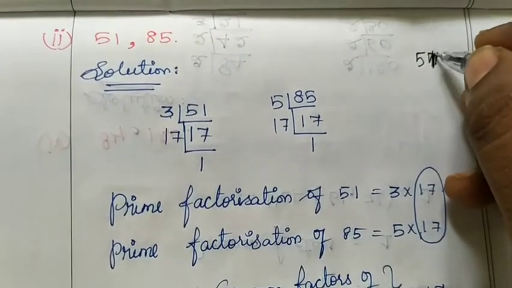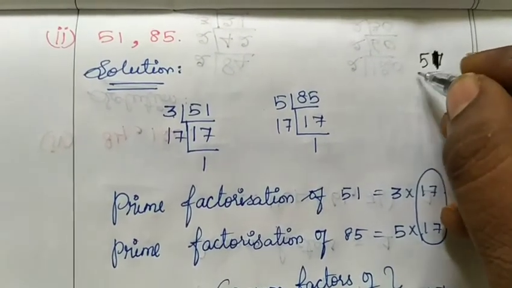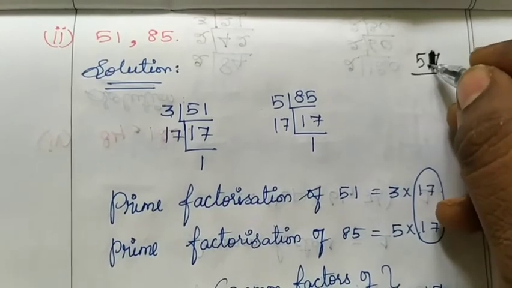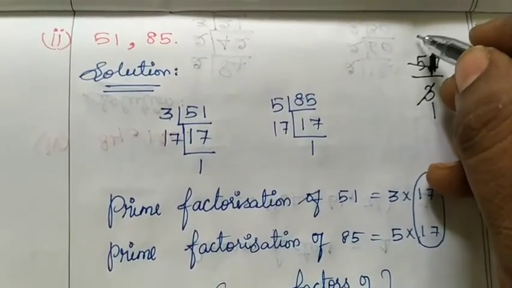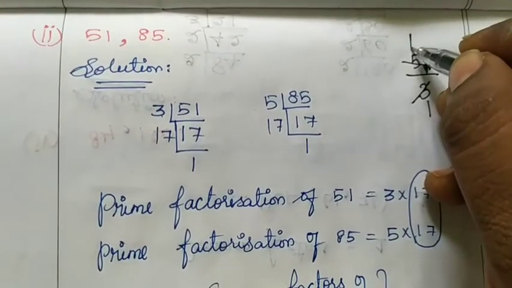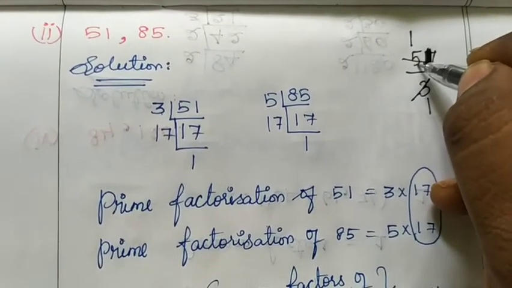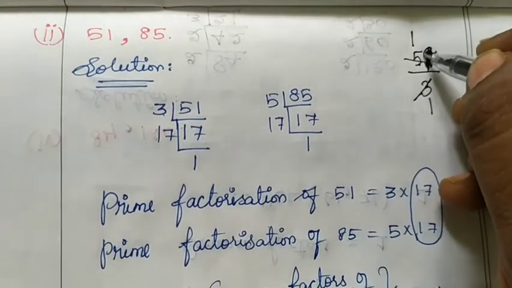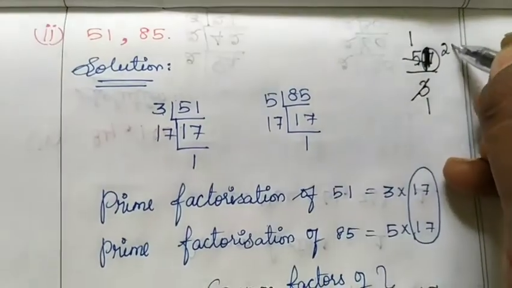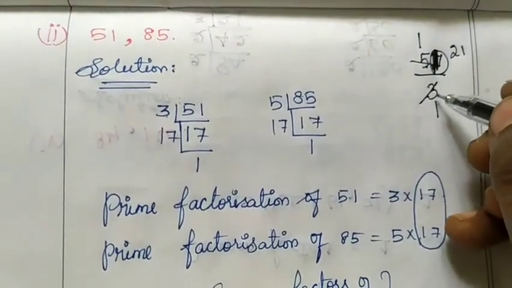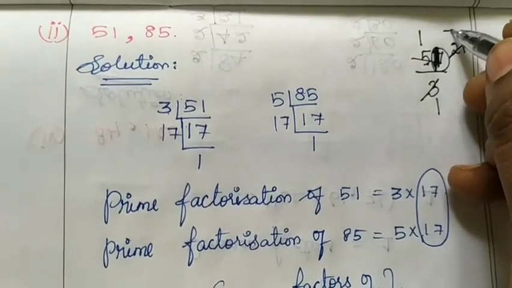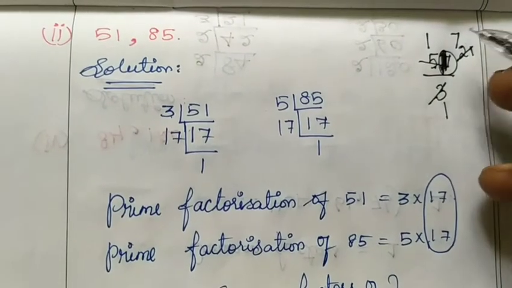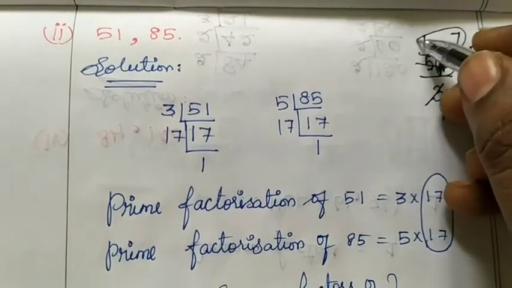See this, I divide the number by 3. 1 3 is 3, balance 2, so we take the 2 with the next number, 21. Again divide in the 3 table. How many times comes? 7 3s are 21. So finally we get the number 17.